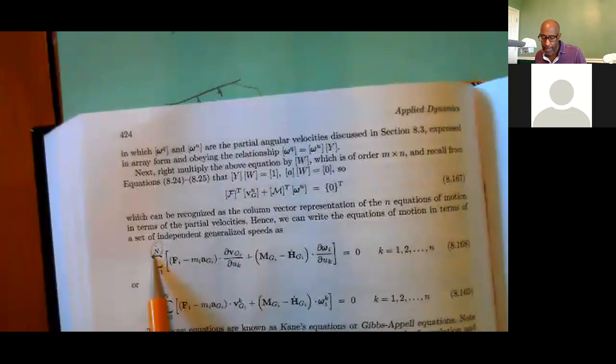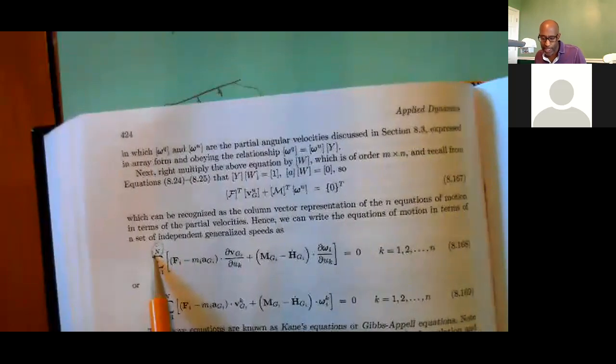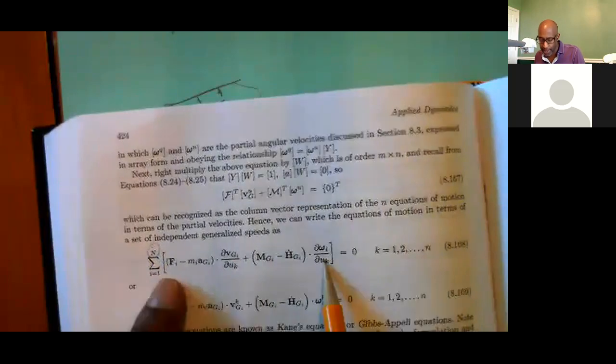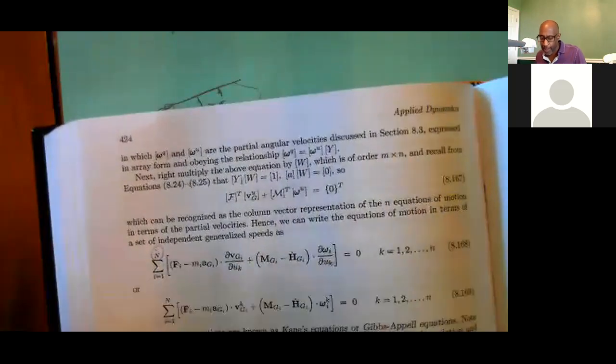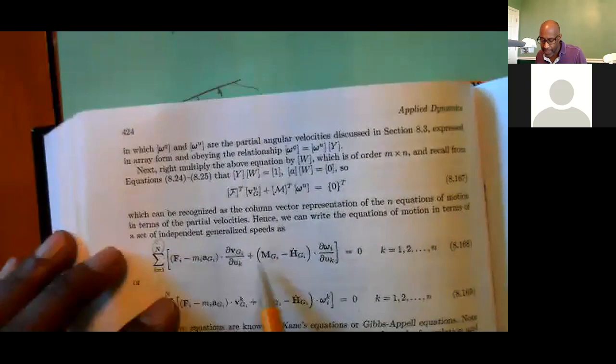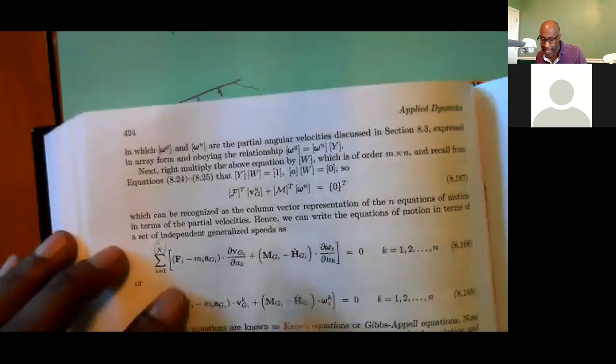And in the problem you're asking about now, you have two rigid bodies, a disc and a rod. So you do all of this for the disc, and then you add it to all of this for the rod. They end up being added, but this is not the combination of a bunch of them. You do this whole thing for the disc as if the rod didn't exist, and then you do this for the rod as if the disc didn't exist, and you add those two.